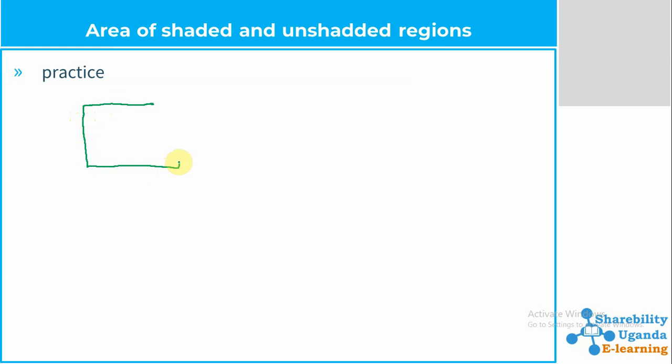Okay, this is going to be our rectangle, and inside our rectangle we have our triangle inside. Okay, and all this part is shaded.